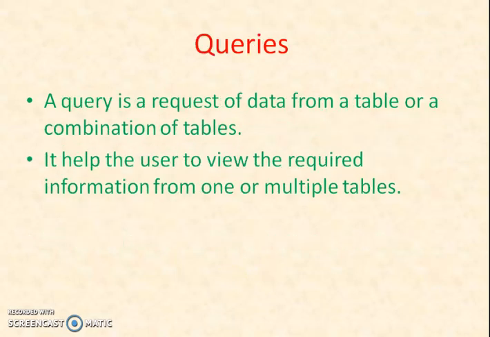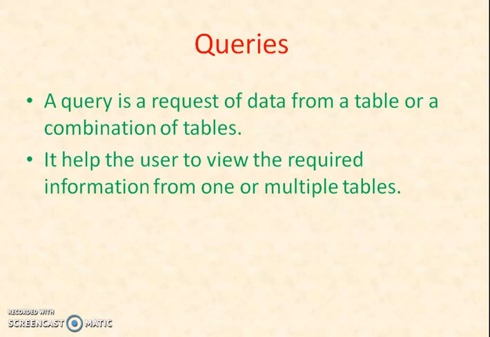Next one, queries. A query is a request of data from a table or a combination of tables. It helps the user to view the required information from one or multiple tables. That means queries are the questions being asked to the database, based on which it produces relevant information.